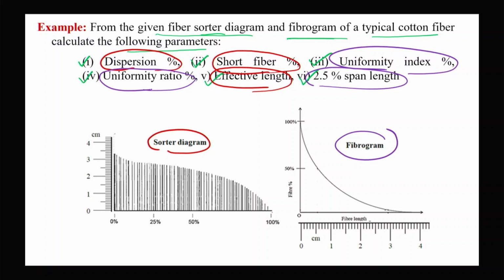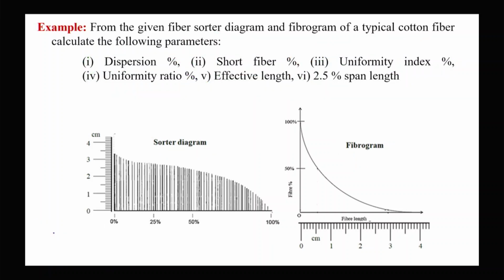Now what we will be getting is a typical value, not the exact value, there will be some error. So let us first try here: dispersion percent and effective length. Let us see what we have to do.